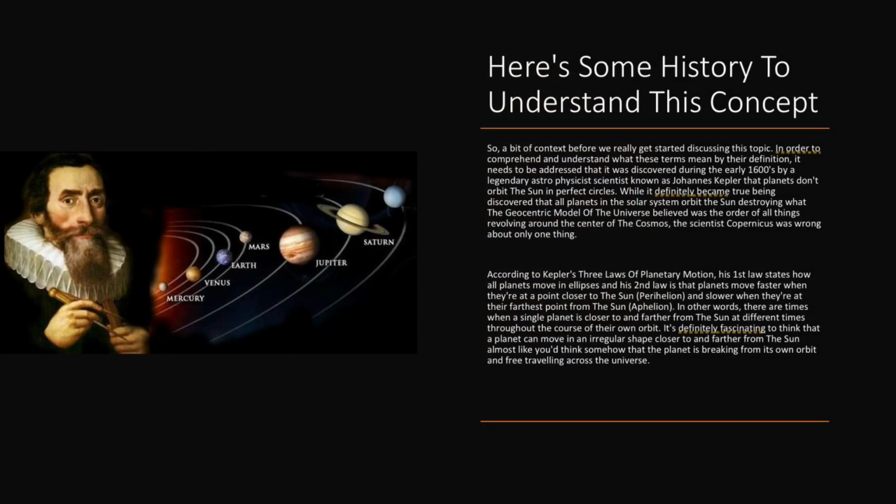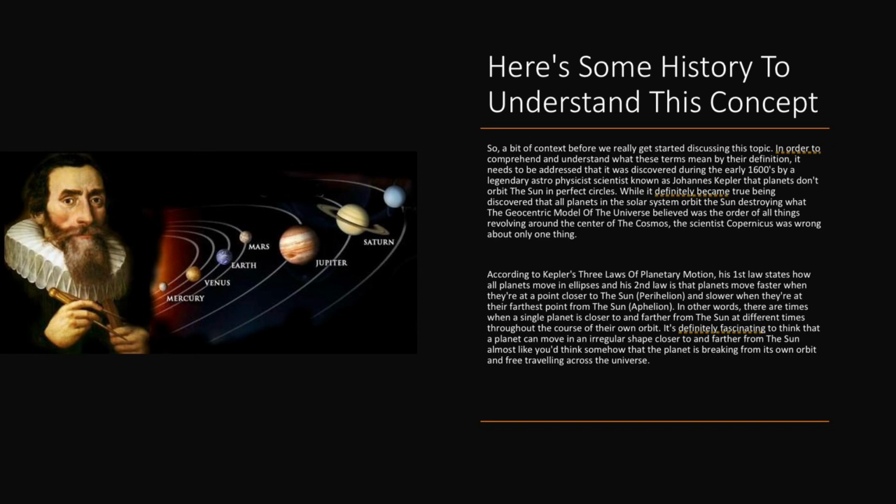So, a bit of context before we really get started. In order to understand what these terms mean, it needs to be addressed that it was discovered during the early 1600s by the legendary astrophysicist Johannes Kepler that planets don't orbit the sun in perfect circles.